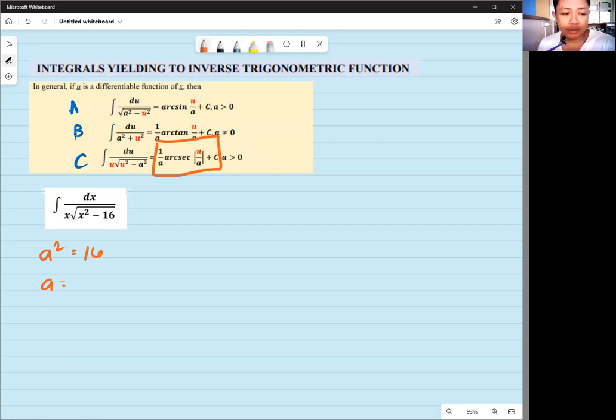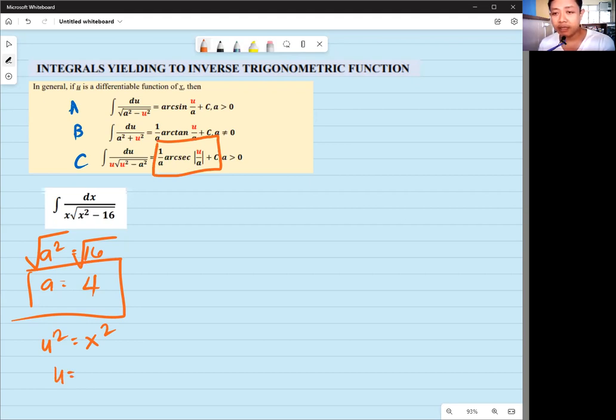Very good. The square root of 16 is 4. Okay, you got that. And now you also have here the U squared. In our given, U squared is x squared. So by getting the square root or extracting its root, what is the value of your U?